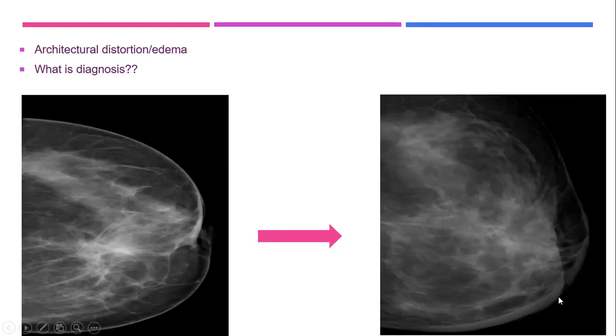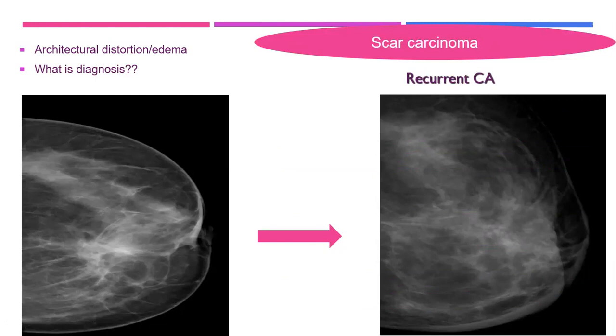So it will be suspicious for disease progression, for recurrence. This is recurrent cancer.